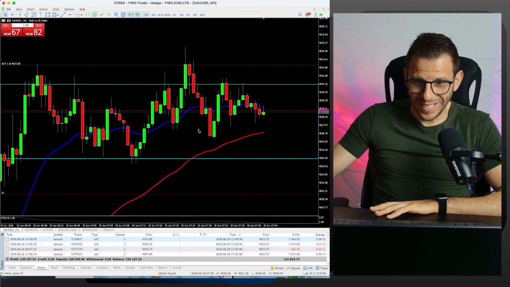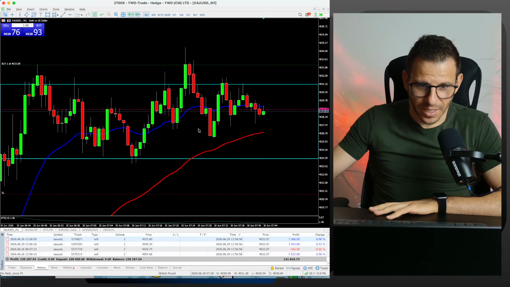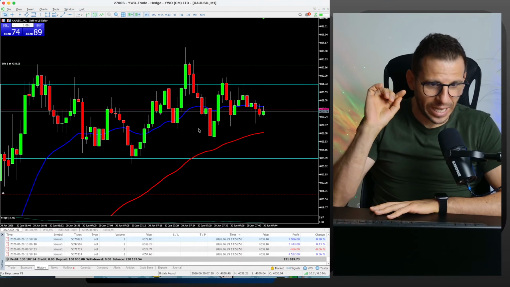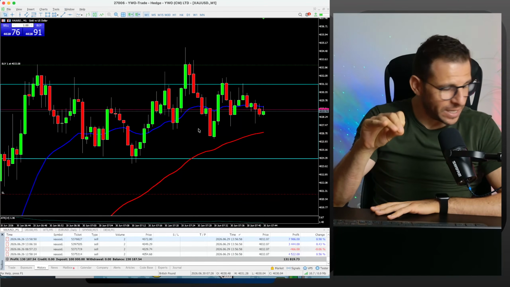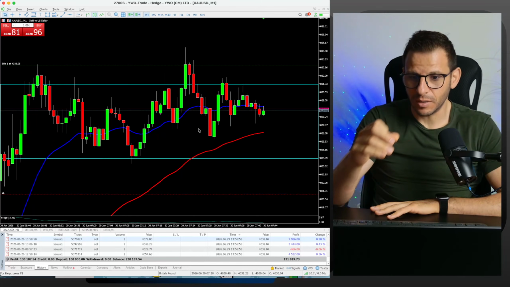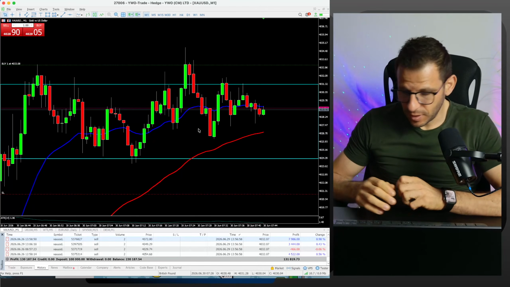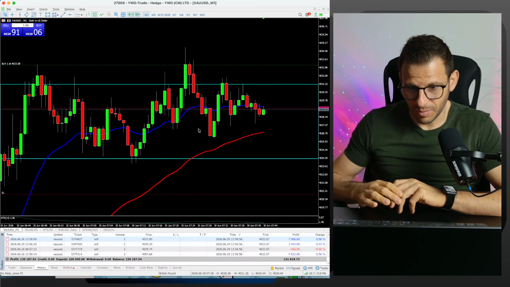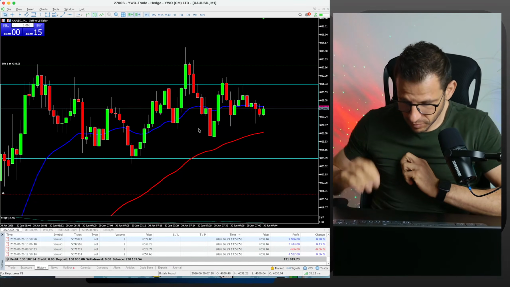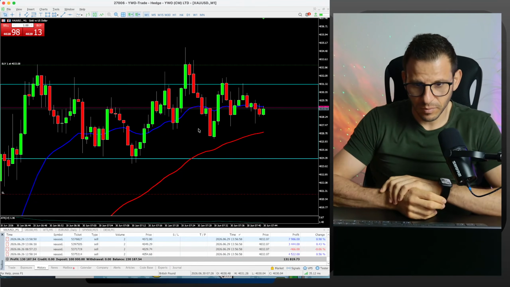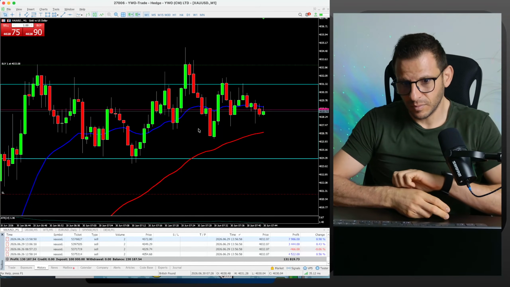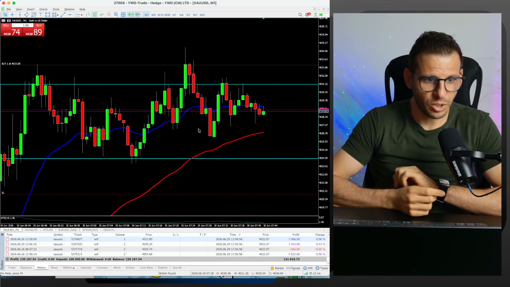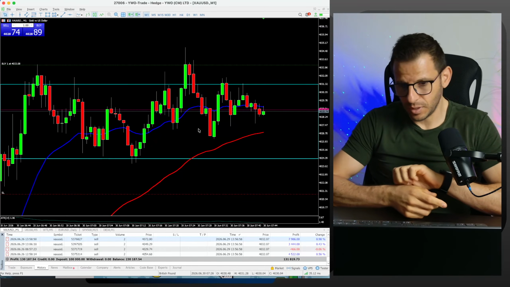So we are getting into the last 15 minutes of the first hour of the London Open. And from now, the market will start showing directions and biases, after the completion of this candlestick.